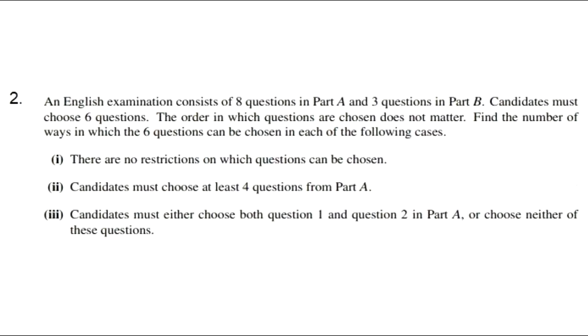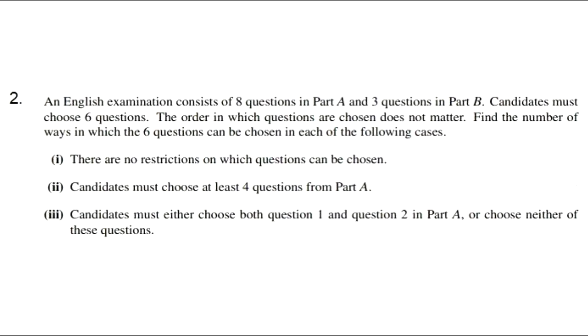So now the second question. An English examination consists of 8 questions in part A and 3 questions in part B. Candidates must choose 6 questions. The order in which questions are chosen does not matter. Find the number of ways in which the 6 questions can be chosen in each of the following cases.